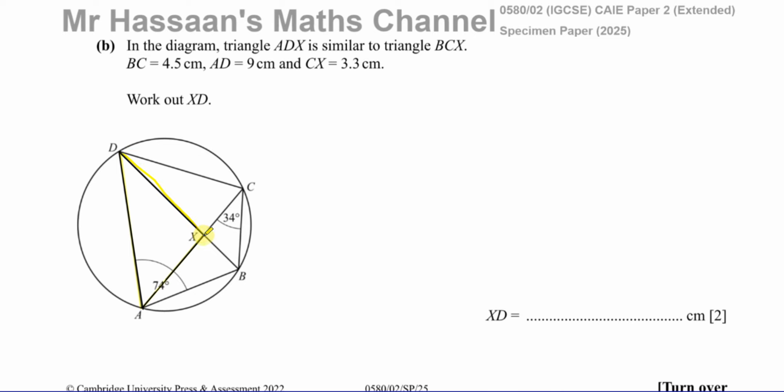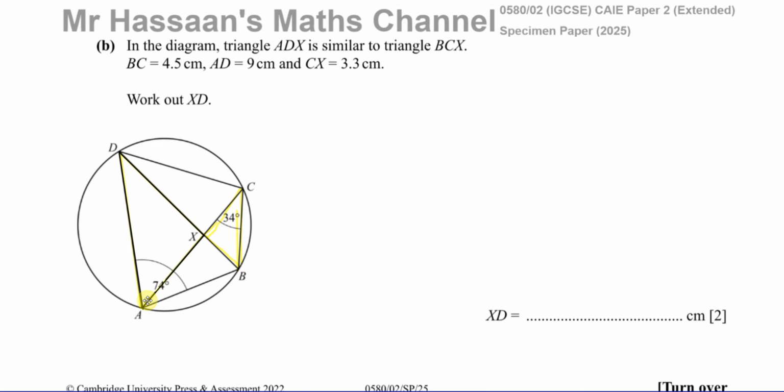That's ADX, and that's similar to the triangle BCX. So those two triangles are similar triangles. They told us that they're similar. They could have told us to prove that they're similar because we have enough information from this diagram to prove it, but they're not asking us to do that.